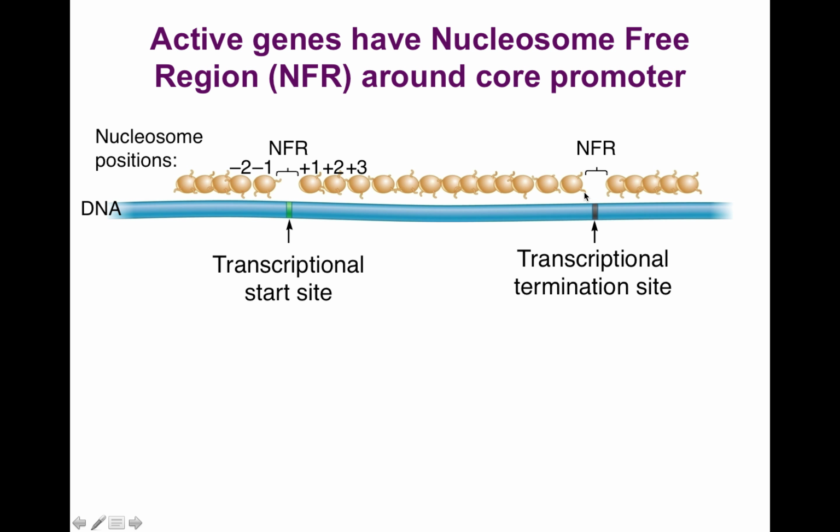In an active gene, a gene that is actively going to be transcribed, you often find a nucleosome-free region around the transcriptional start site and then another nucleosome-free region around the transcriptional termination site.